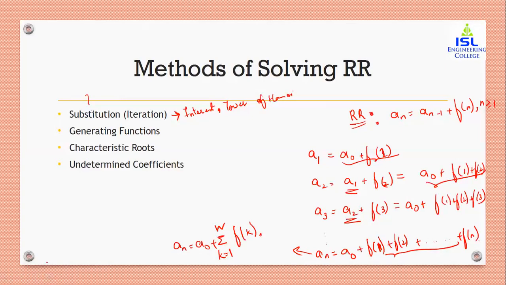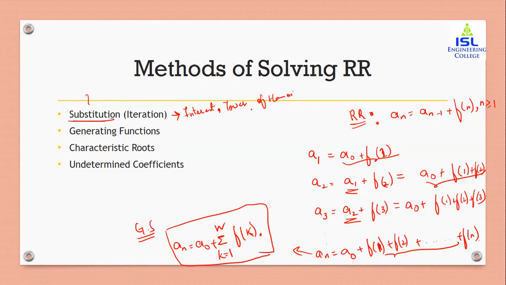So in this case, this is the solution, or the general solution, for our recurrence relation. If you are given some A50, you don't need to find A49, A48. You can directly use A0 plus whatever your term is. So the general solution we have obtained is by using this substitution method.